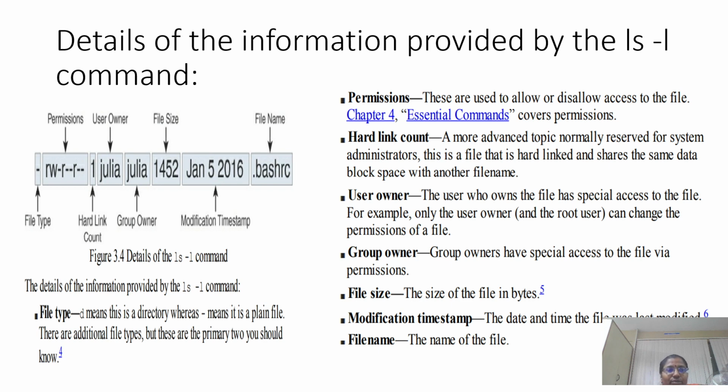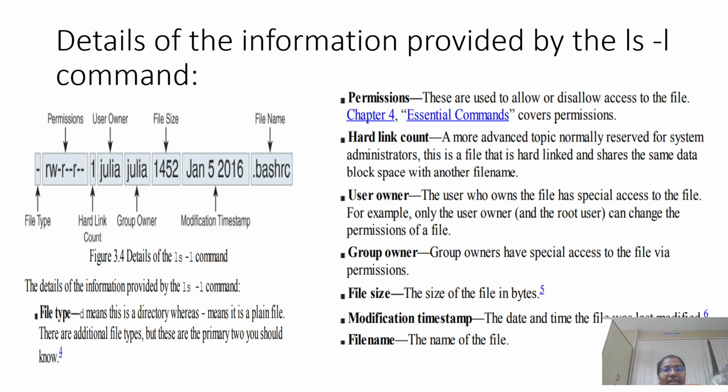As I told you already, the first part will be the hyphen or D. If it is D, then that name, like .bashrc, is a directory. If it is hyphen, then that is a file. For permissions, the first three letters denote the user, the next three letters the group, and the next three letters all others.